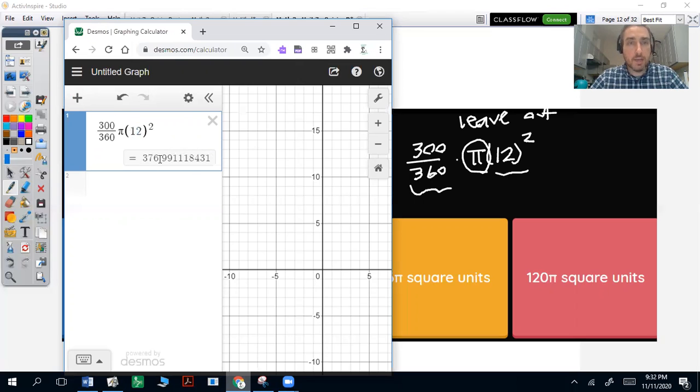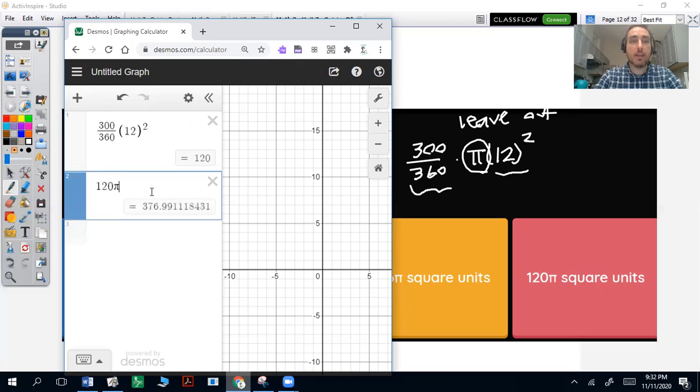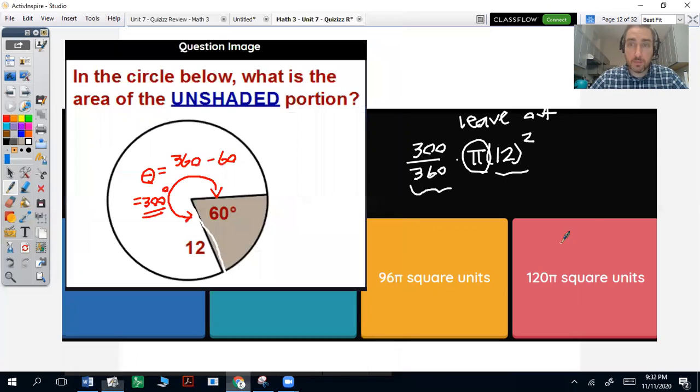Now, 376.99 would be if I put the pi in. But if I took the pi out, I get 120. 120 pi is 376.99. See that? Those are equivalent. Those are the same thing. But 120 pi is the exact answer without having to round. So we would put that answer for here.